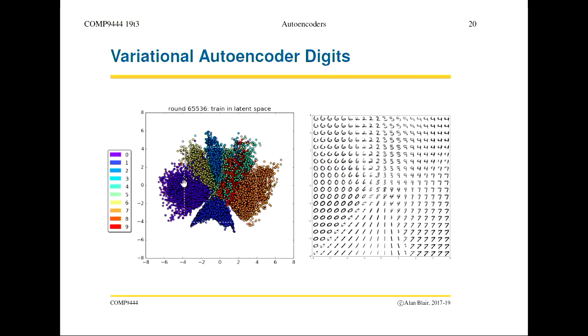But if we choose randomly from a Gaussian distribution, it's evenly spaced around this ball, and we can expect there's good coverage of it. And this is some of the reconstructed images. You can see how it morphs. These are the 1s, these are the 7s, these are the 0s, and you get these little boundary things that look like a cross between two different types of digit. So that's what we want to achieve.